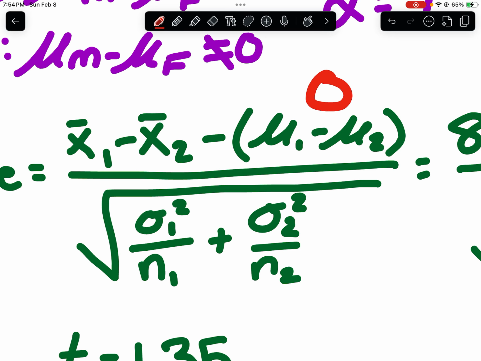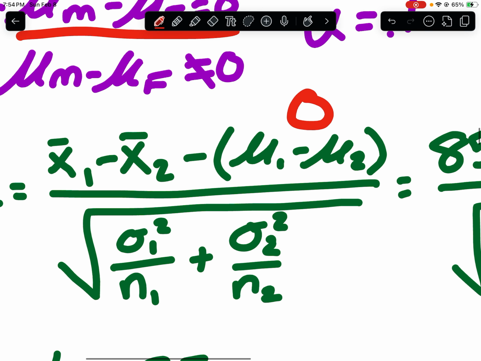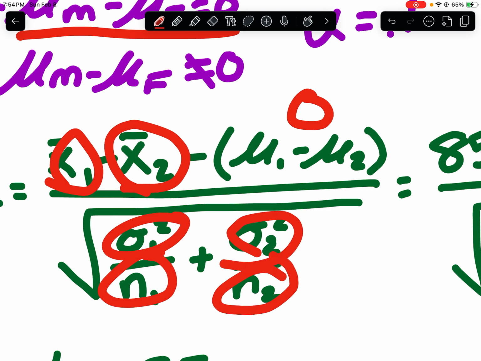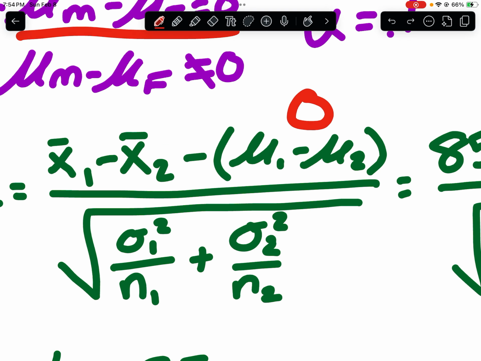Again, this piece here is just going to be 0, coming from this part, and a lot of this we have numbers for. We know everything here, and we know that this ultimately equals 0.